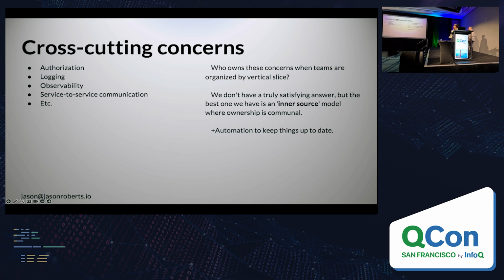The other aspect is the teams are organized by vertical slice, once again, their own domains, helping them to stay outside of the concerns of other teams. However, the cross-cutting concerns, we don't really want each team to have their own way to solve these concerns. So we don't quite have a completely satisfying answer, but what we went with is communal ownership.